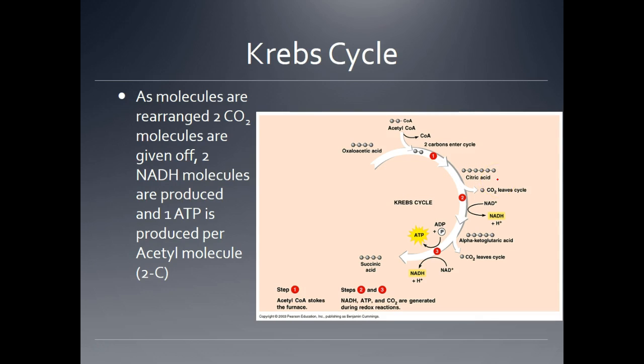In step 2, we're going to take the 6-carbon citric acid. We're going to do the first of 2 oxidative decarboxylation events. Okay, oxidative decarboxylation, remember, is the removal of 1 carbon. We're going to cut that carbon off. We're going to remove it as CO2. It's going to leave the cycle, and it's going to go to the atmosphere.